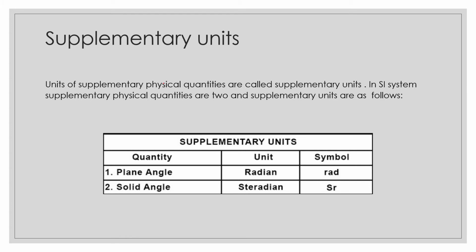Supplementary units. Units of supplementary physical quantities are called supplementary units. In the SI system, supplementary physical quantities are 2 and supplementary units are as follows. So here we go: plane angle, radian; solid angle, steradian. The symbols they gave are rad and sr.